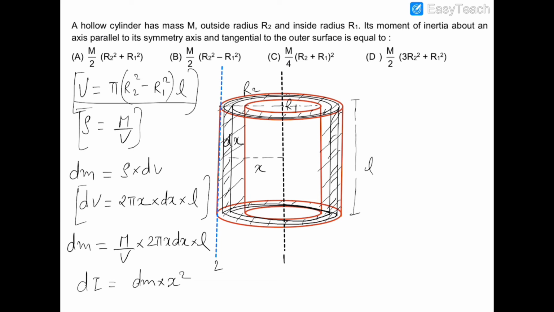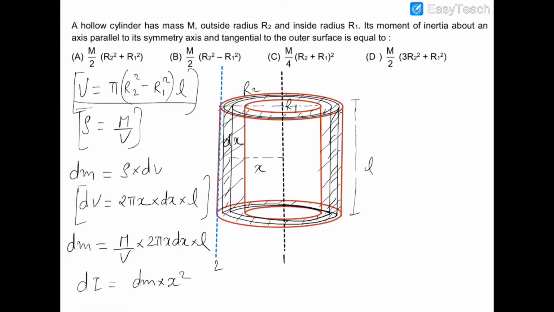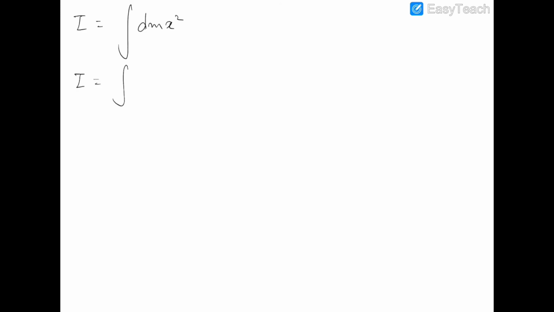So I would be equal to the integration of dm into x square, and the value of dm is equal to m upon v into 2 pi x dx into L. So this is m upon v into 2 pi x dx into L, and this is x square.